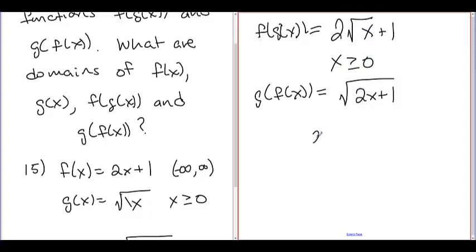Here, 2x plus 1 has to be greater than or equal to 0, the argument of the square root. So if you subtract 1 from both sides, divide by 2, you'll get that x has to be greater than or equal to negative 1/2. When it's equal to negative 1/2, you'll get 0, and if it's greater than negative 1/2, you'll get a positive number.